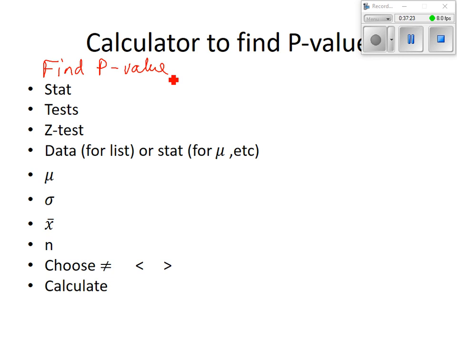On the calculator, you push the stat button, go over to test, z-test. That's the very first thing. Under test is z-test. Not z-interval, not any of that other stuff that we use. Now we're doing the z-test.